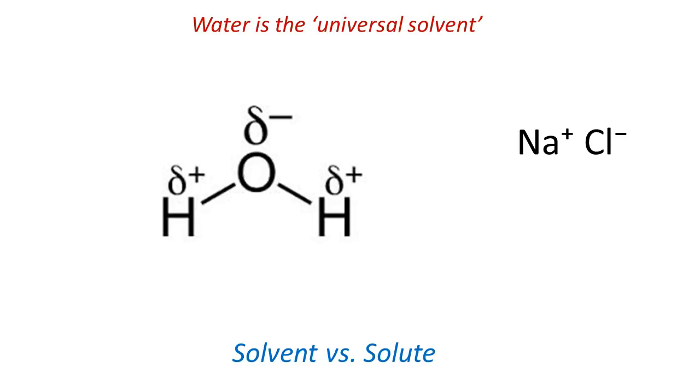In this case, water is the solvent, the fluid that we're immersing the sodium chloride in, and the solute is sodium chloride. Anything that is able to be put into a solvent like water is known as the solute.